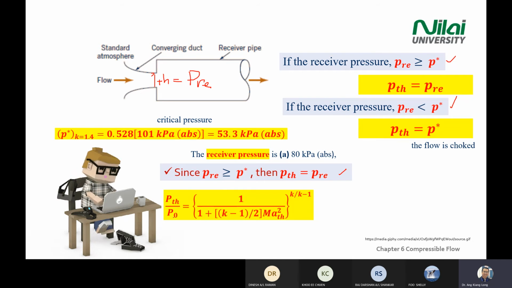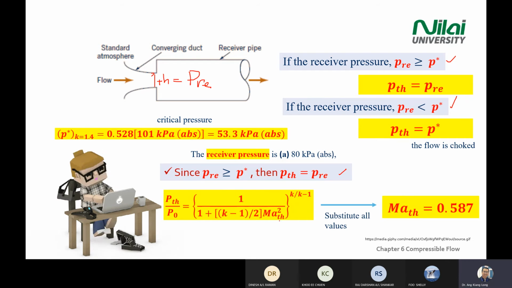P throat over P0 equal to 1 over K plus something power K minus 1. Substitute the value inside there. You get the Mach number value. Because inside this equation, you do not have Mach number value. You have the K value. You have the throat value. You have the P0 value, which is the atmospheric pressure.